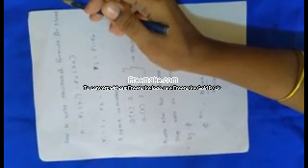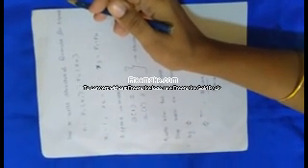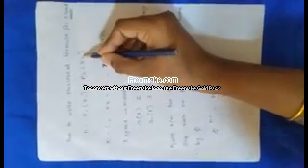Now, how to write the structural formula for a 6-speed gearbox? I'll explain with one example. The formula is n is equal to P1 into x1 into P2 into x2.